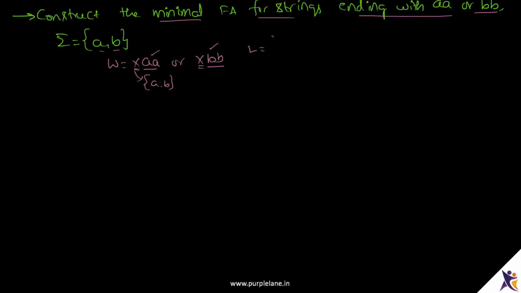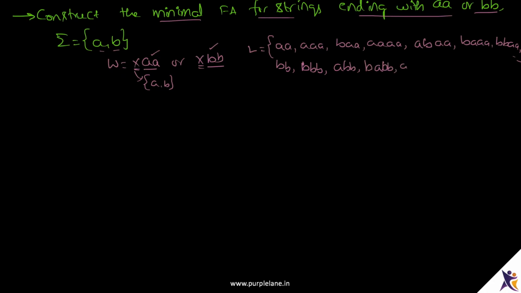So the language will have strings like AA, AAA, BAA, ABAA, BBAA, and so on. And the strings ending with BB are BB, BBB, ABB, BABB, ABBB, BBBB, AABB, and so on.